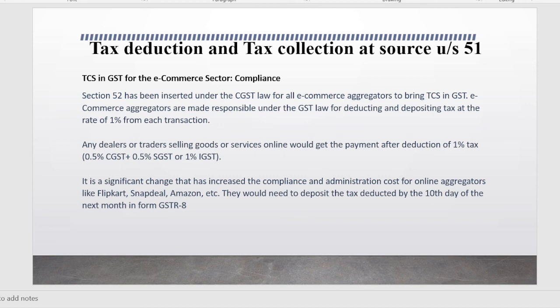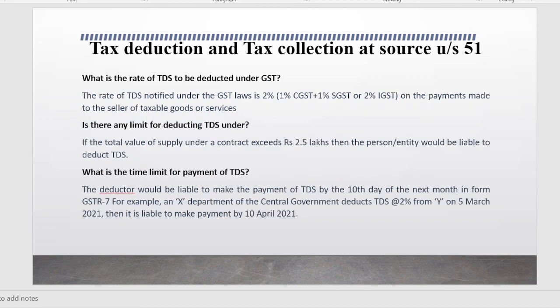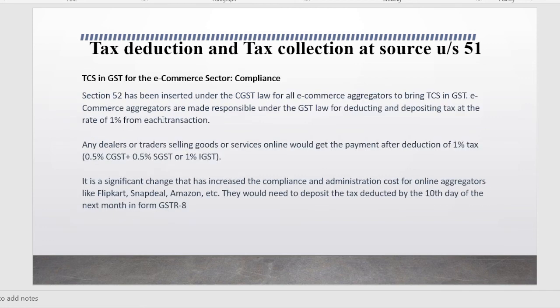जैसे टीडीएस रहता है वैसे टीसीएस भी रहता है. सो एज आई डिस्कस इन अर्लियर लेक्चर आल्सो, टीसीएस इज एप्लीकेबल फॉर द ई कॉमर्स सेक्टर. सो ई कॉमर्स सेक्टर जनरली क्या करते हैं, अपने प्लेटफॉर्म से गुड्स या सर्विसेज जो सप्लायर्स के वो बेचते हैं.